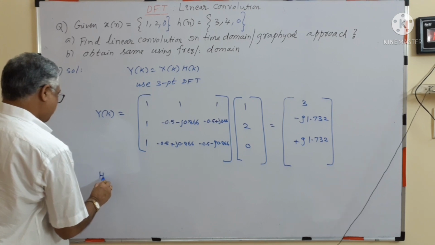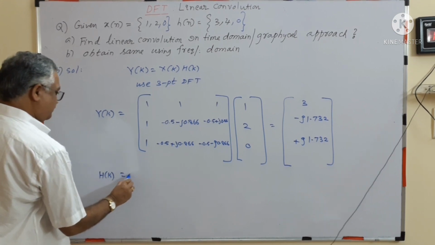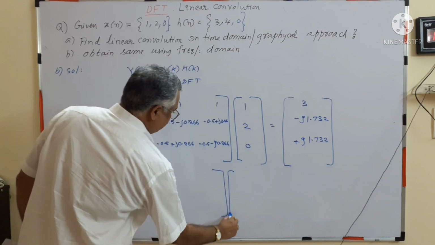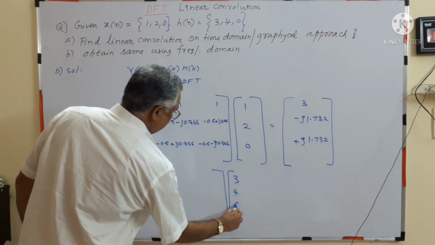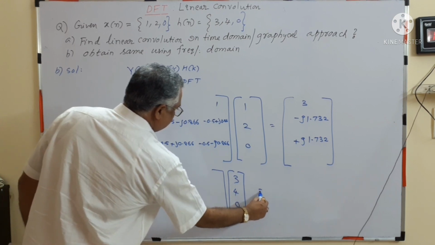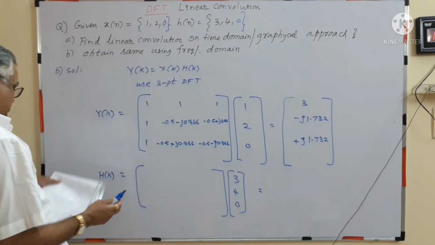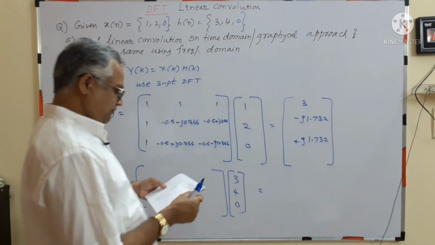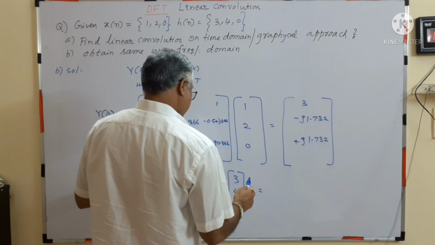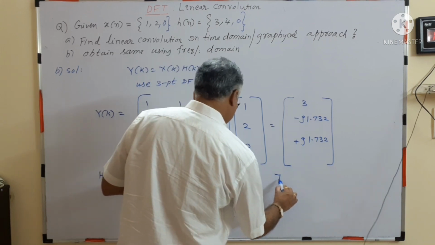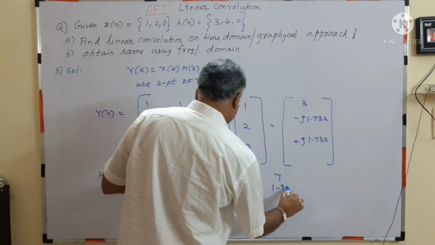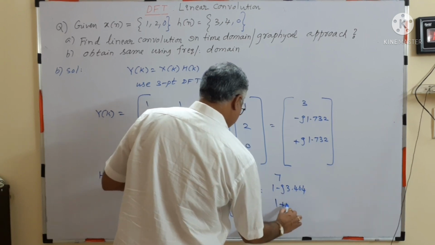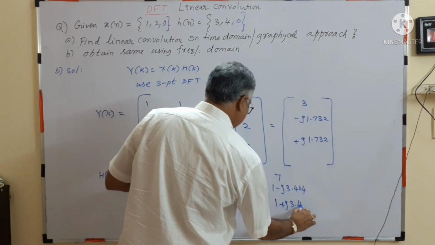Next to find out h of k. The same matrix, copy paste, but here 3, 4, 0. So it takes time to multiply, but if you do it yourself, you get 7, 1 minus j 3.464, 1 plus j 3.464.